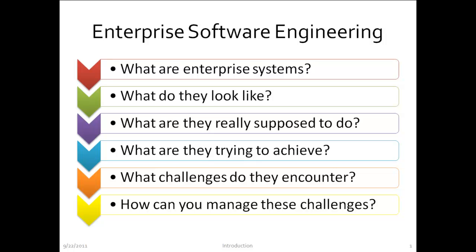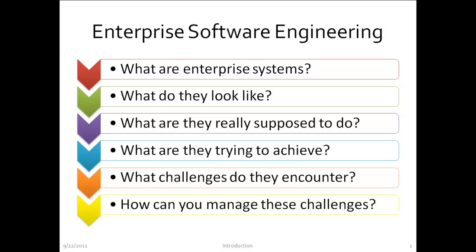So given the above definition, here is the agenda for the lecture. First, what is an enterprise system? We have given you a basic definition above, but further, we want to give you an understanding of why an enterprise system is quite complex and why engineering it is difficult. Second, we want to show you what enterprise systems look like from several perspectives. Third, we will explain what they do, that is, the functions enterprise systems typically perform, and fourth, what they are trying to achieve from a business perspective.